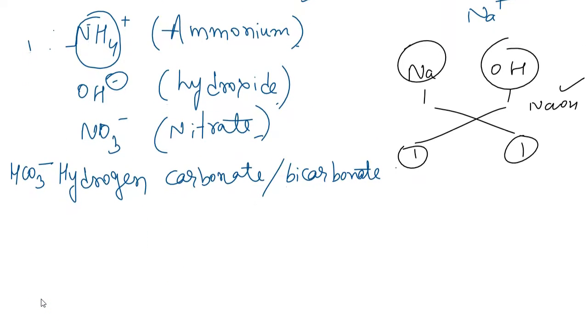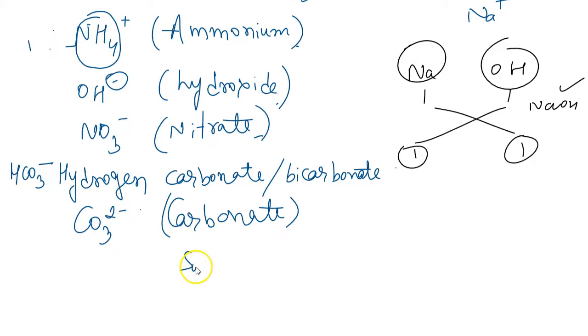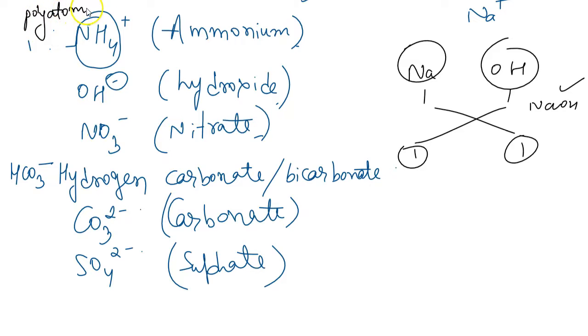And we have carbonate. Carbonate is CO3 2 minus. Then we have sulfate, SO4 2 minus. These are polyatomic ions. We will remember these are polyatomic ions.